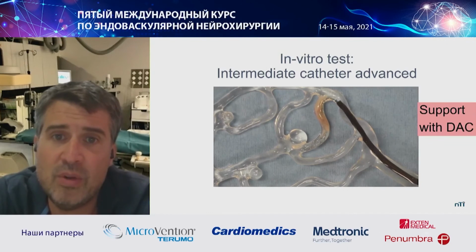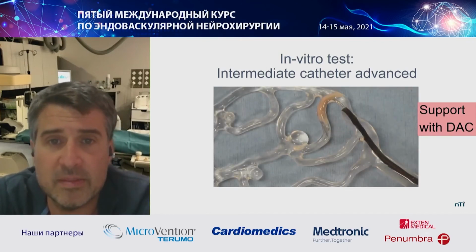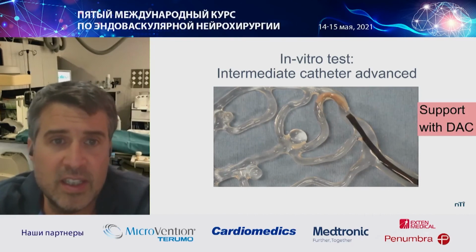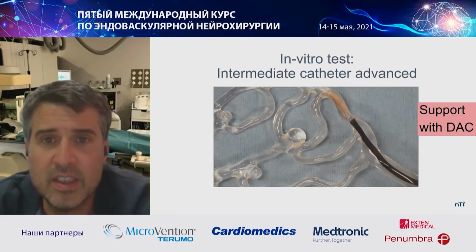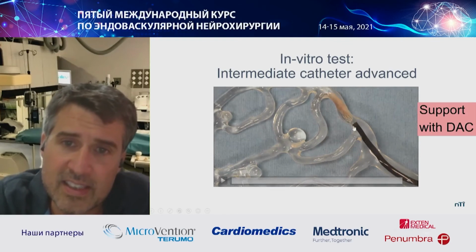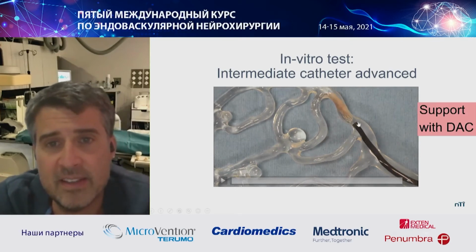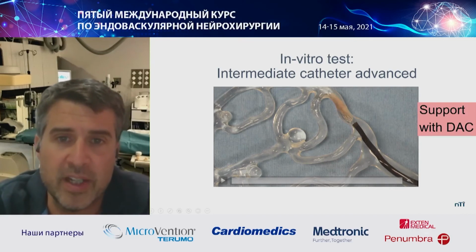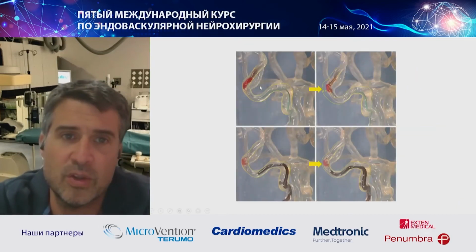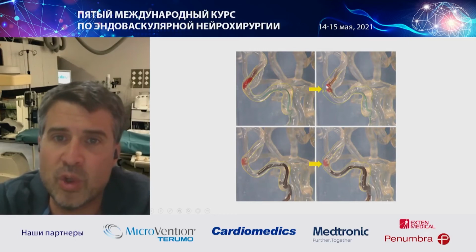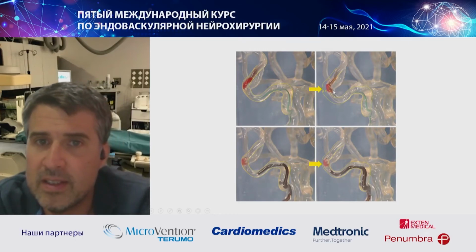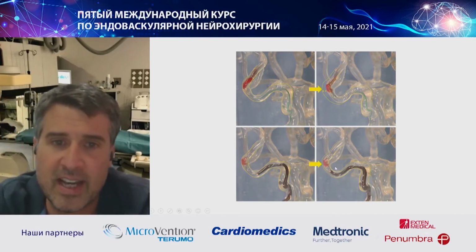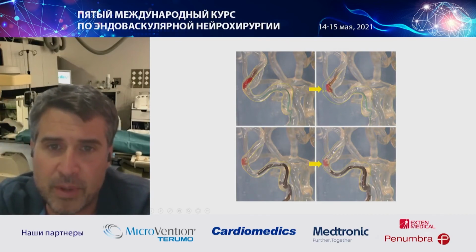And therefore your procedure is going to be safer and more effective, as you can see in this example. So distal access catheters were created and invented to give support in these cases, not only to aspirate distal occlusions. Again, in another case, when there's no DAC, you are pulling and jeopardizing the geometry. If there is a DAC, when you pull, the branch doesn't move.